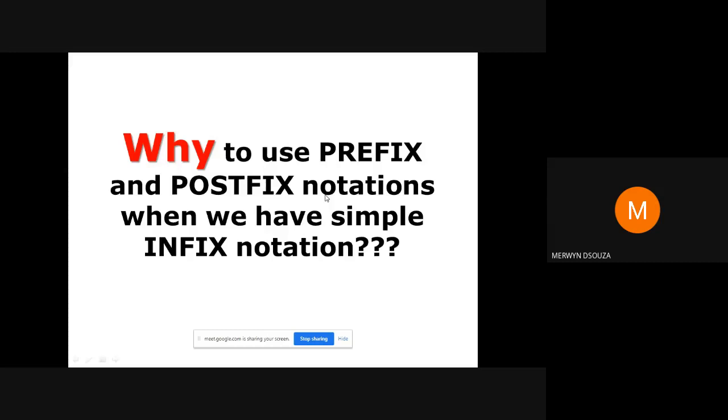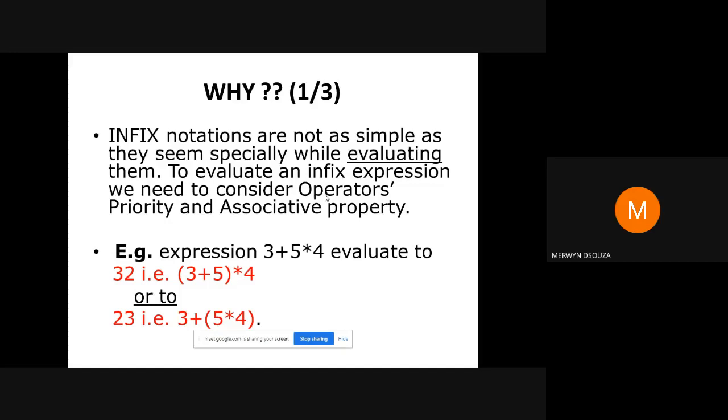So now the question is, why are you all learning two more types of expressions when you already know infix? That's a common question that many of you have. Why do we have prefix and postfix? The answer is because of this. You can just look at this example. Suppose you are given this example without any brackets: 3 plus 5 multiplied by 4.